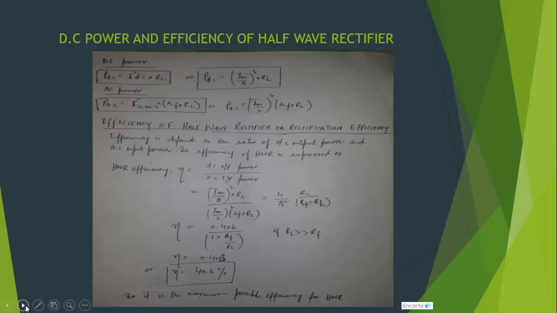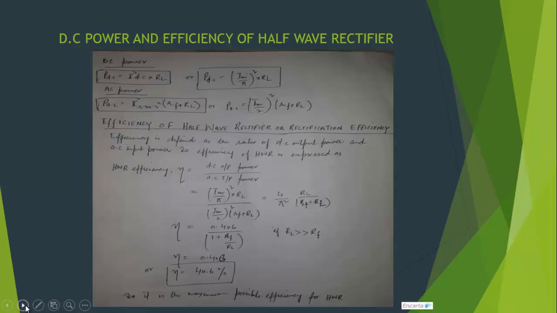Now power. As you know that power is equal to P is equal to I square R. Now we have to find DC power and AC power.